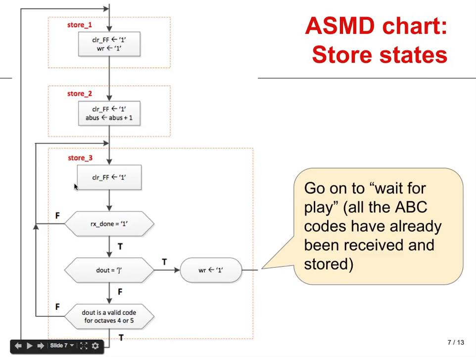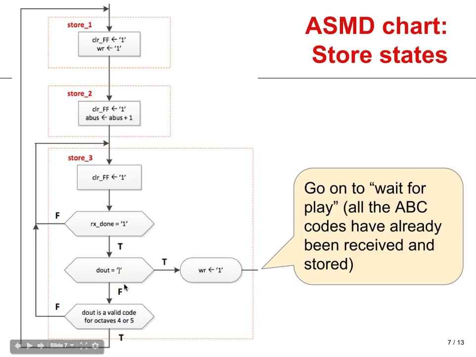And again, we will wait for a new valid ABC code to arrive. Whenever that happens, we go back again to the store 1 state, activate write to store this code, increment the address bus, and continue within this loop until we get the close brackets ASCII code.